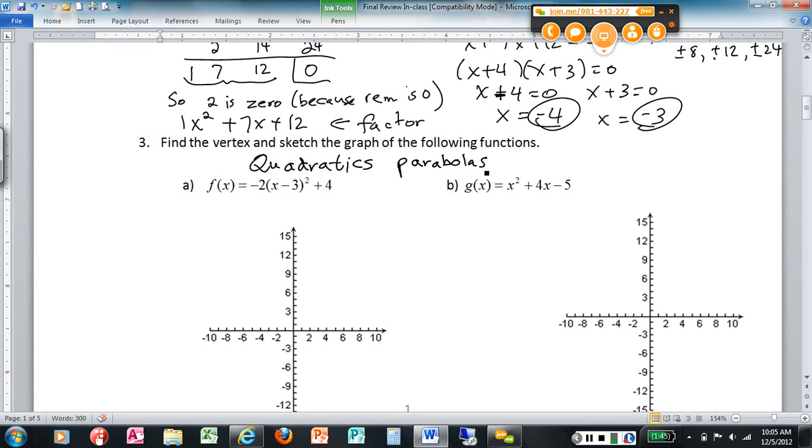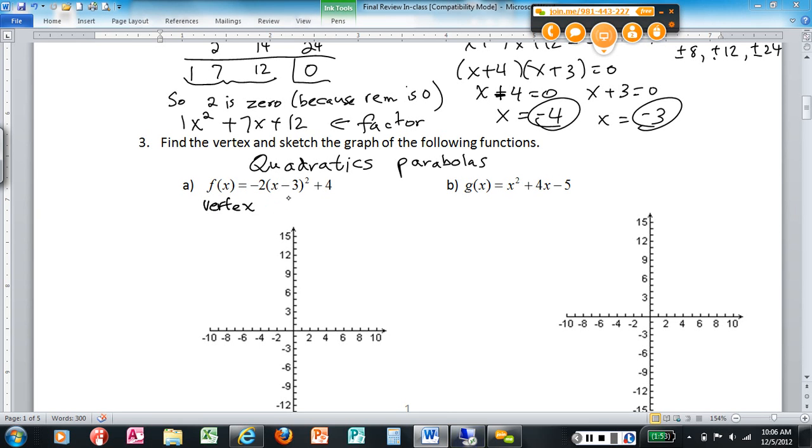The reason I do 2 of them is because the two are in different formats here. On A, I like to call this vertex form of the parabola because I can read the vertex right off of that equation there, can't I? What's the vertex of this parabola?